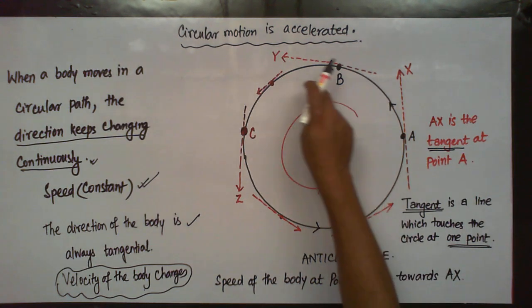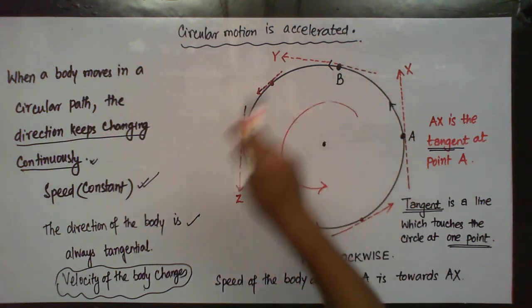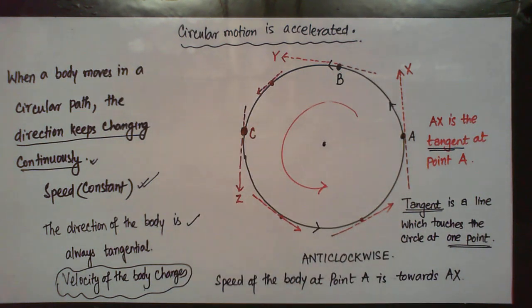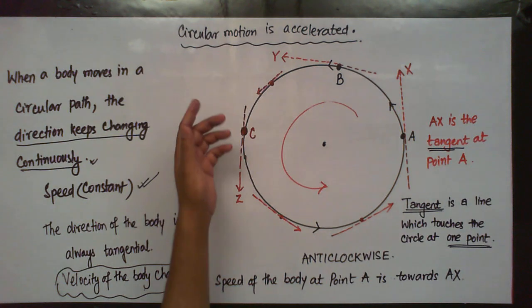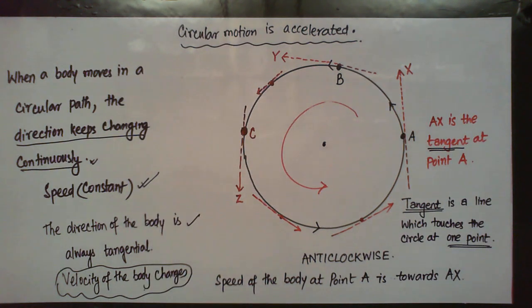Okay, so whenever we talk about a circular path, we always say that circular motion is accelerated motion. Why is it accelerated? This question comes in the examination. Why is circular motion called accelerated motion?